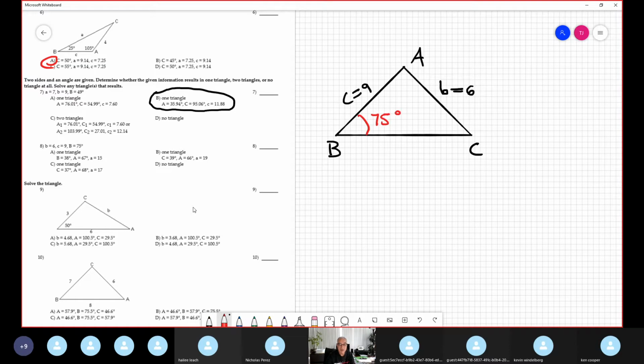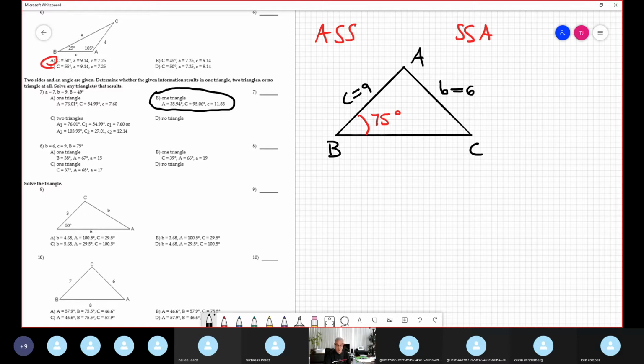Again, we have the same case. It's angle-side or side-angle, it's the same. It doesn't matter the order of the length. So it is ambiguous. I don't know if it's one triangle, two triangles, or no triangle. Again, you apply the law of sine one time.